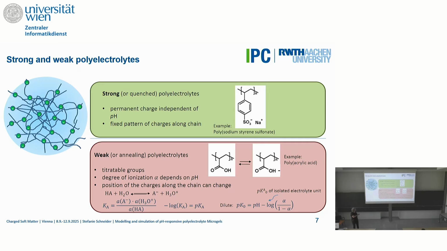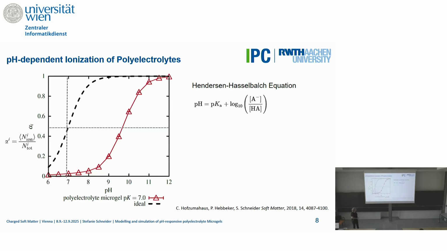And also the position of the charges along the chain or within the microgel can change. So as we've seen before, if we plot the degree of ionization against the pH, we get this ideal curve from the Henderson-Hasselbalch equation, which basically would be a monomer unit at infinite dilution, or the first monomer unit to be ionized.